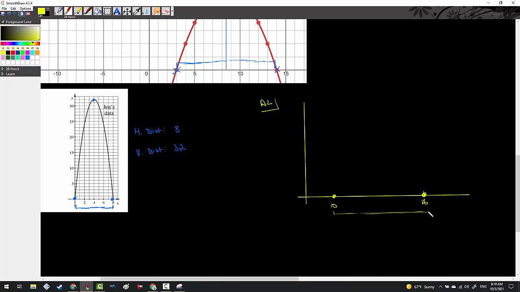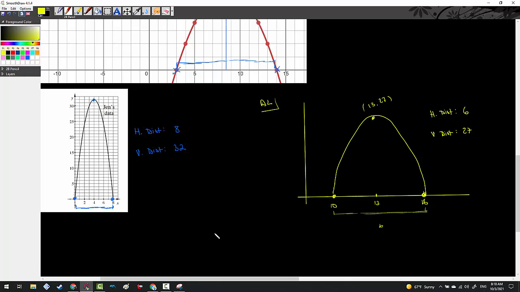The distance between launch and land is 6, which means that at a distance of 13 is going to be his height of 27. So 13, 27, and it's going to come up, hit apex, and then come down. So it looks like Al's horizontal distance is going to be 6, and his vertical distance is going to be 27.